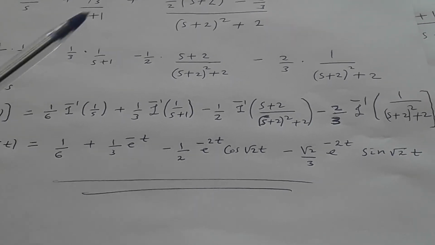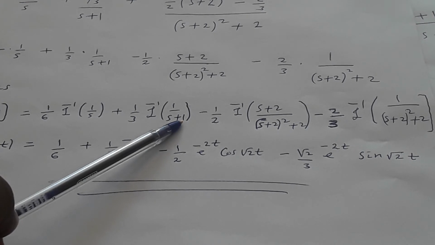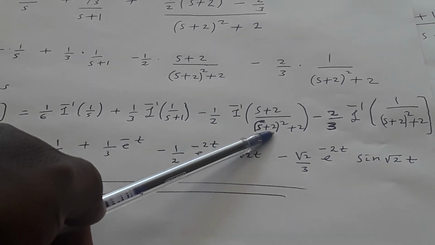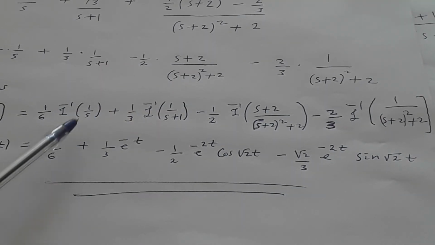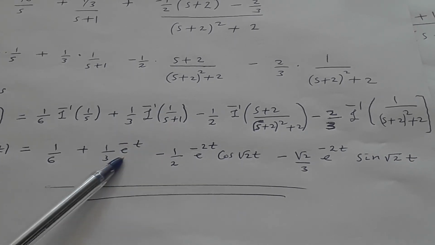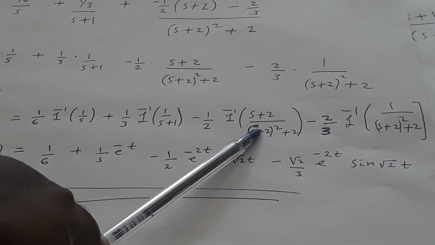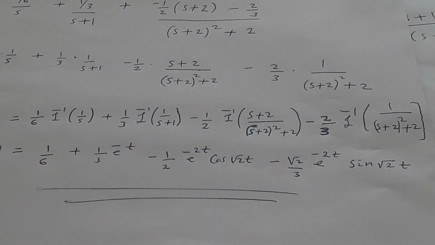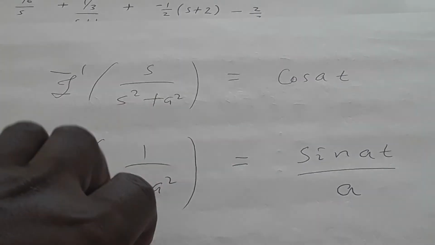Due to that, we have 1 over 6 times: 1 over 3 times the Laplace inverse of 1 over (s plus 1), minus 1 over 2 times the Laplace inverse of the s plus 2 term here, again minus 2 over 3 this. So the Laplace inverse of 1 over s is 1, so 1 over 6 times 1. Again, 1 over (s plus 1) has inverse Laplace transformation e raised to minus t. Again, we ignore the shift for the time being, so for s over (s squared plus a squared), the Laplace inverse is cos(at), and the Laplace inverse of 1 over (s squared plus a squared) is here.